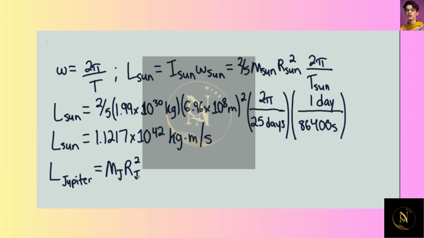And now this is not the radius of Jupiter itself, but the radius of Jupiter's orbit, because if we're treating Jupiter as a point mass, we're not taking the moment of inertia of Jupiter itself. We're taking the moment of inertia of Jupiter rotating about the sun.